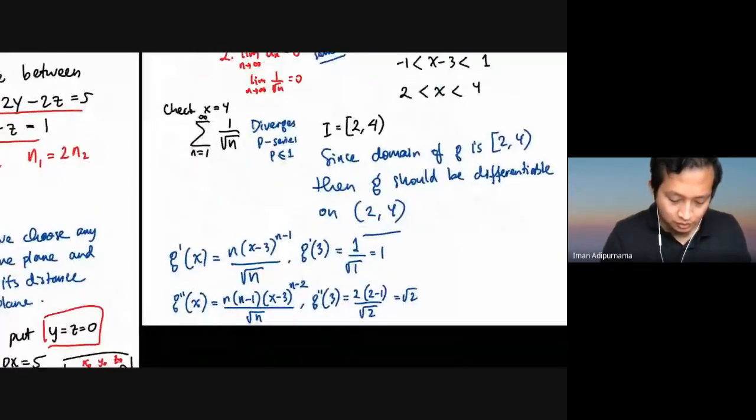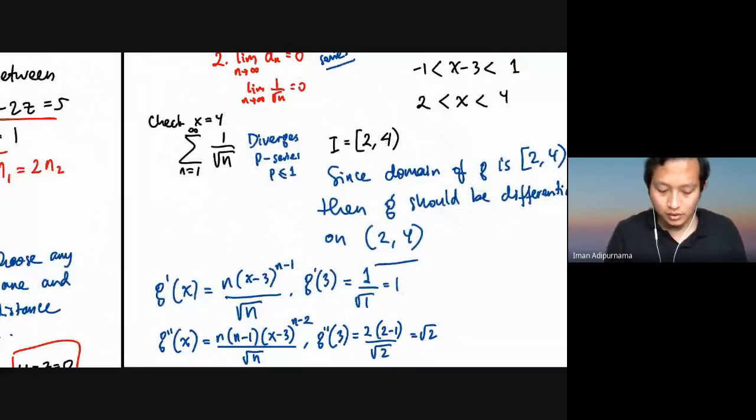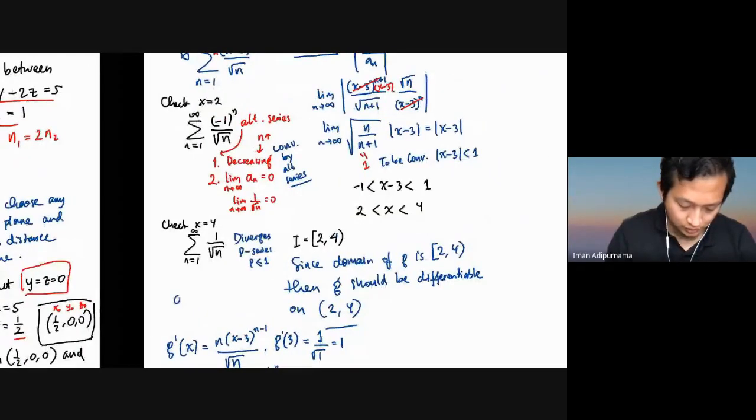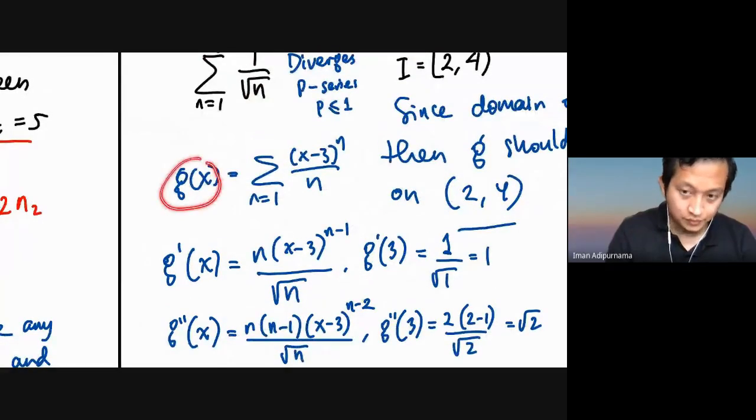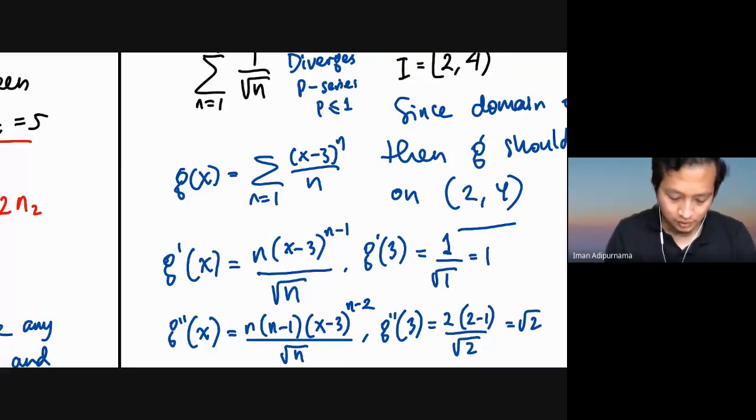For G prime, basically you just derive this series, the same thing as you derive with the other equations.